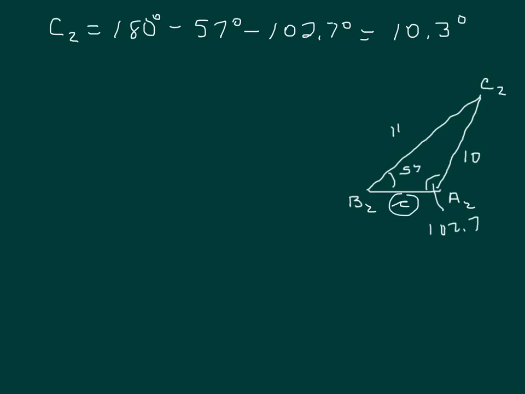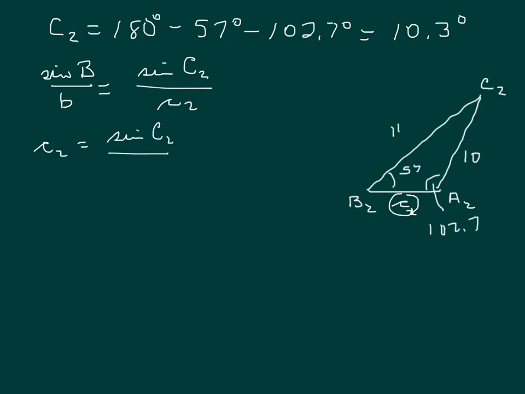Finally, we find this little side here, which we can call little c2. So we have sine of b over b is equal to the sine of angle c2 over little side c2. Little side c2 is equal to sine of angle c2 over sine of b, it did not change, times b.